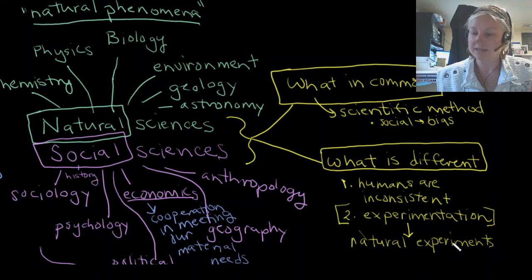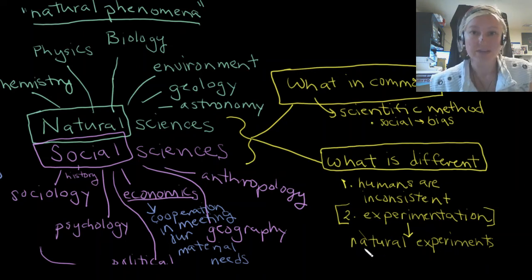And as you might expect, this kind of leaves us with some very messy conclusions. But it's a heck of a lot better than just not thinking about it and letting it roll with however it goes, right? So there's a lot of value to it.